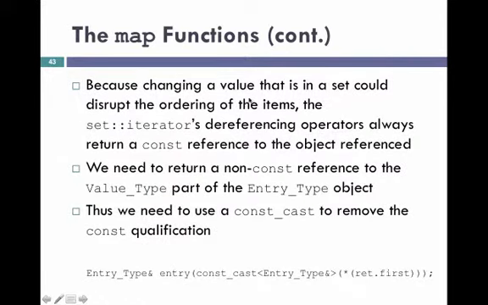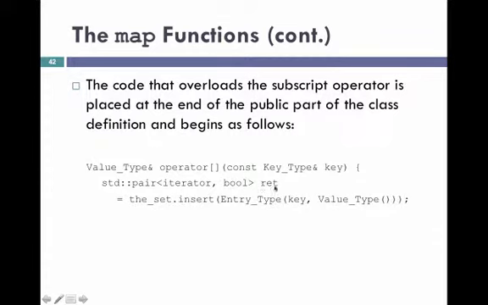Now, because changing a value that's in a set could disrupt the ordering of the items, the iterator's dereferencing operator always returns a const reference to the object. So we need to return a non-const reference to the value type part of the entry type object. So we need a const cast to remove that const qualification. And here's the code to do this. So remember ret, let's back up. Remember ret was the local variable to which we're going to assign the result of this insert.